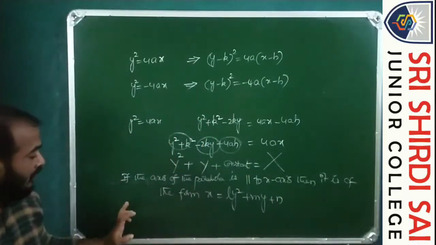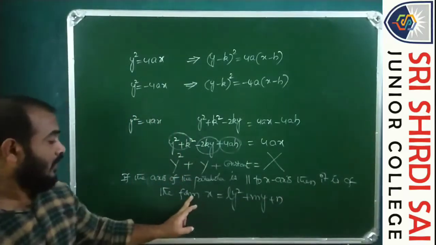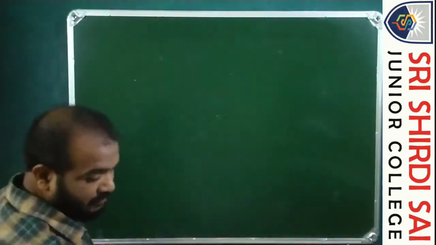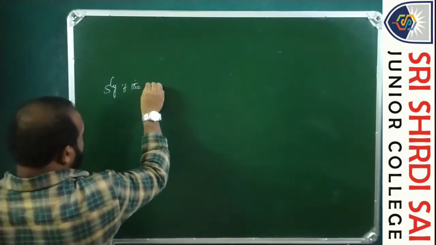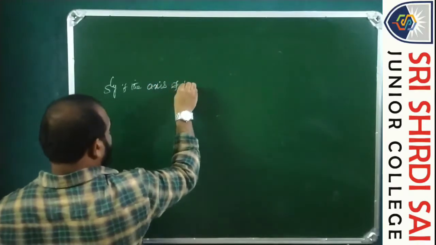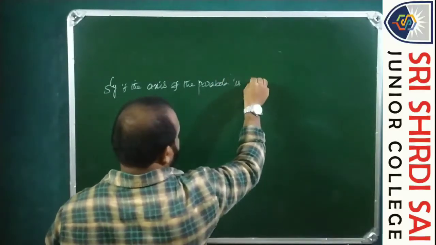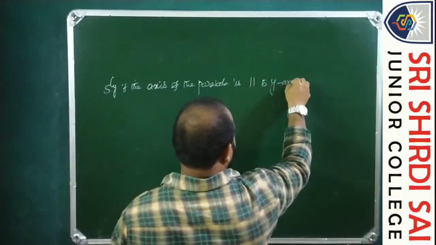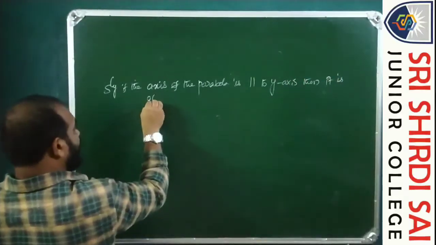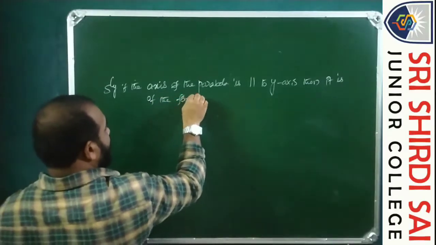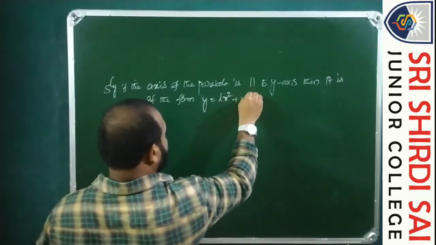If the axis of the parabola is parallel to x-axis, then it is of the form x equals ly square plus my plus n. Similarly, if the axis of the parabola is parallel to y-axis, then it is of the form y equals lx square plus mx plus n.